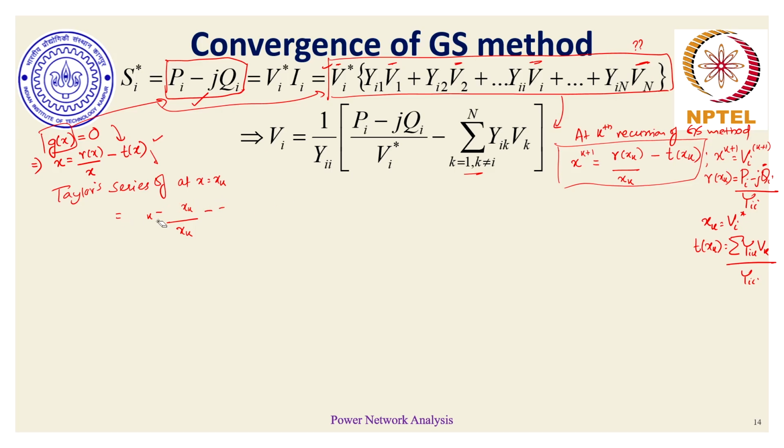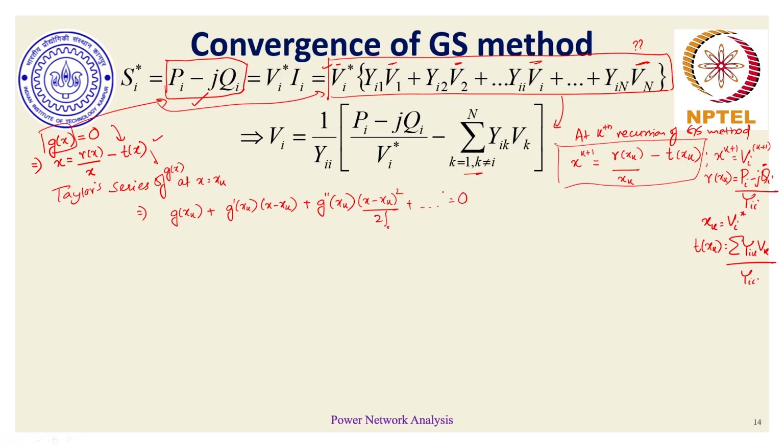Or maybe if I simplify this a bit, if I take the Taylor series of g of x at x equal to x_k, I would get g of x_k plus the first derivative of g at x_k times (x minus x_k) plus the double derivative of g at x_k times (x minus x_k) squared by 2 factorial, and so on. This should be equal to 0.